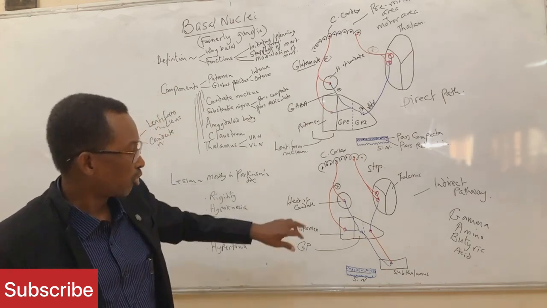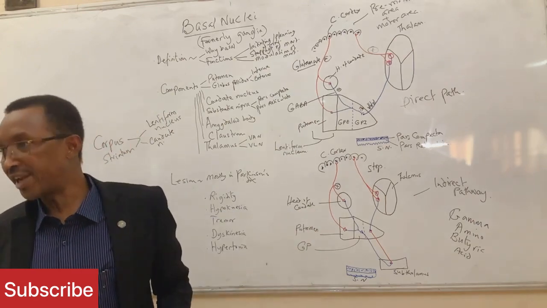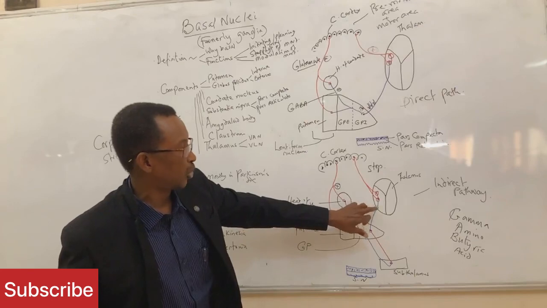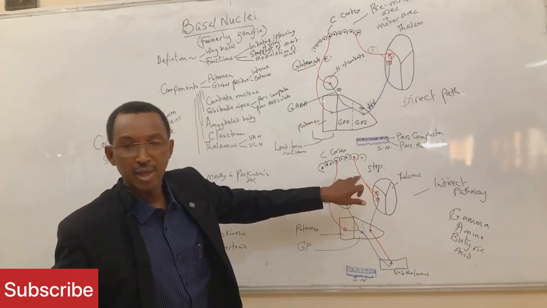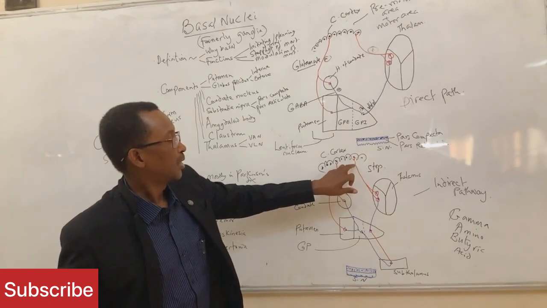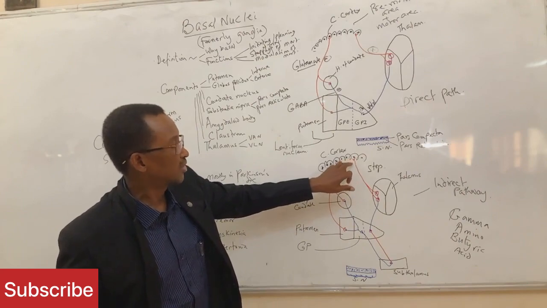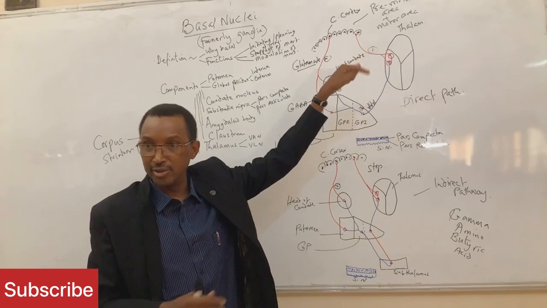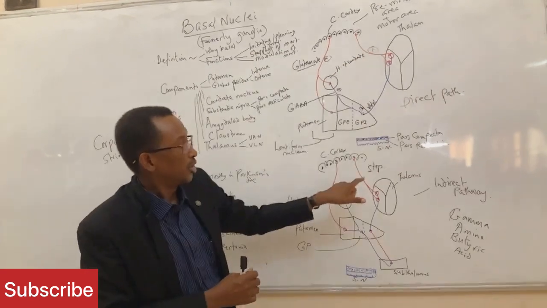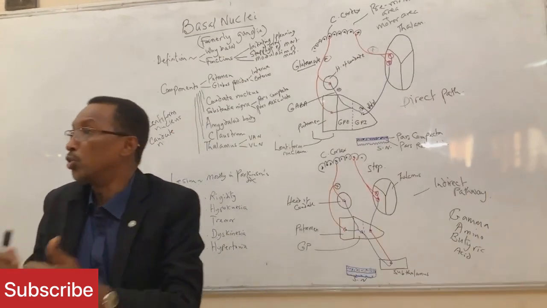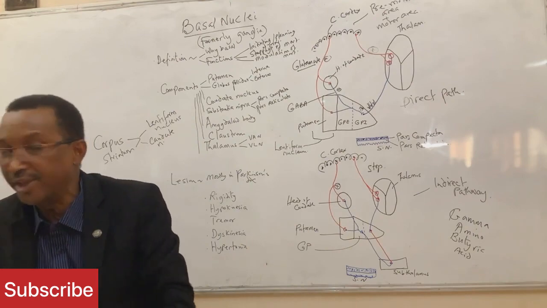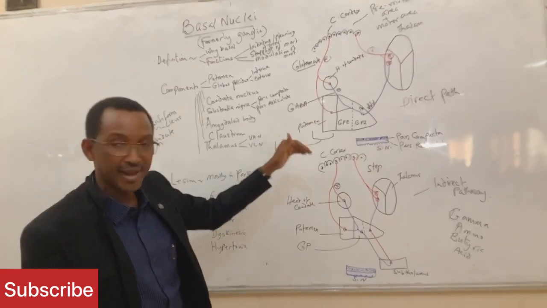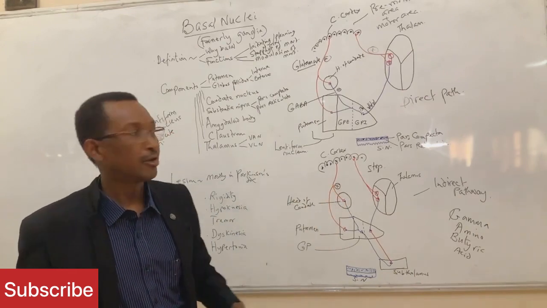That is the function of this indirect pathway. So by the time this fifth order neuron inhibits this one, the motor cortex excitation that happened before for the movement to continue, this one will now try to reduce the amount of movement before finally stopping the movement. Are you clear? So we have now seen the function of both direct and indirect pathway.